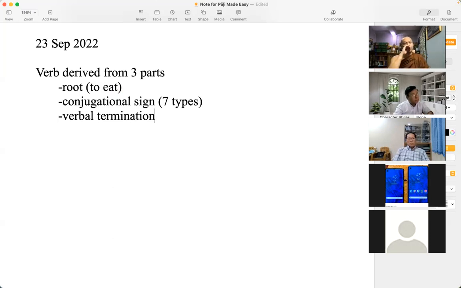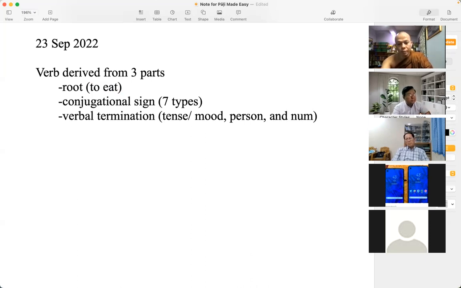The verb termination can denote present tense or mood, or person, first person, second person, and singular or plural number.